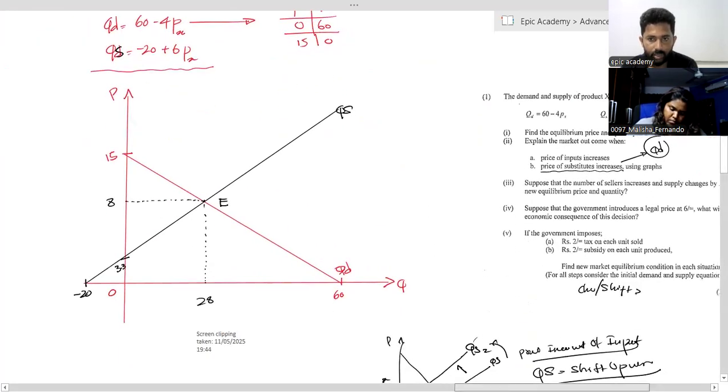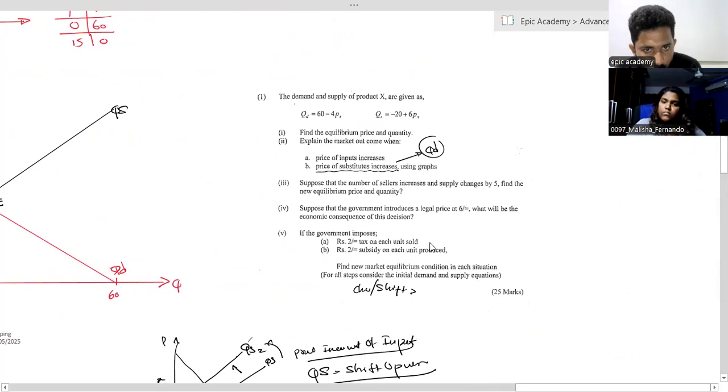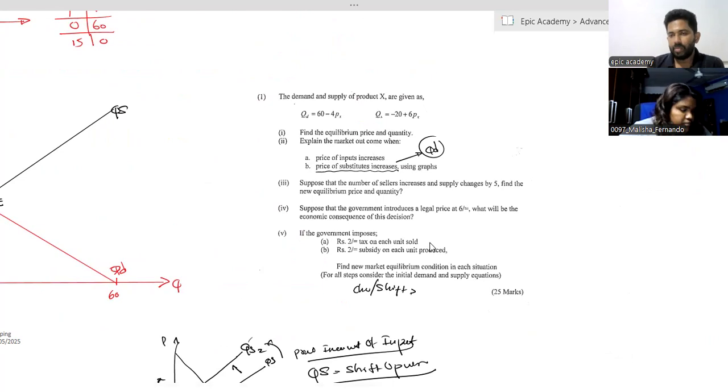Right. Let's move to the next one. Suppose the government introduces a legal price. Legal price means it can be a maximum price, a price ceiling, or a minimum price. This is the price at which you can exchange goods and services in this particular market. It's a legal activity. You cannot supply quantity at more than this fixed price or less than this price. That is the meaning of legal price.